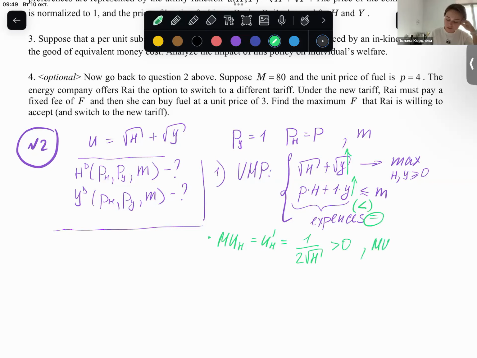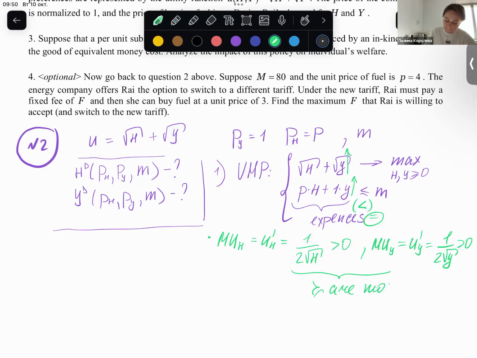And the same, we can compute marginal utility from our composite good. And it's similar, 1/2 square root of y. And it's also bigger than 0. That means that the higher the consumption of the composite good, the higher the level of utility we will get. And from here, we say that our preferences are monotonic. That's why we will spend all our monetary income.